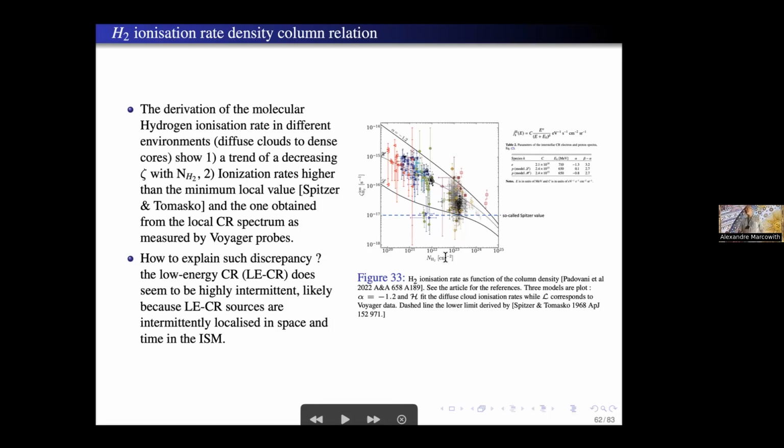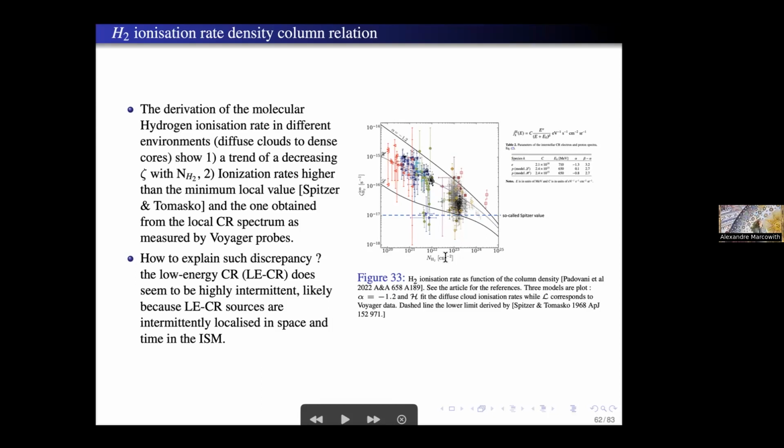Okay. So if you take the cosmic ray spectrum at low energy, which is important for ionization, from the Voyager data measurements, you are unable to explain this trend or correlation. And so you have to invoke either that low energy cosmic rays in our galaxy are very intermittent, so we are in a peculiar place in the galaxy and it may vary a lot.